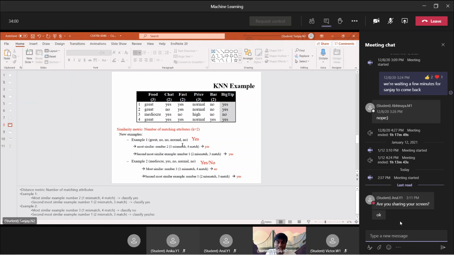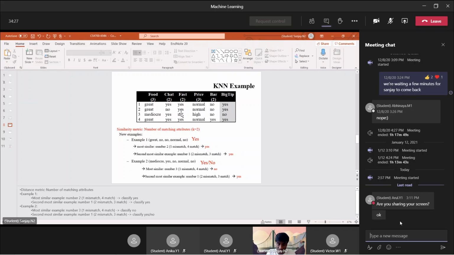Since everything is ordinal, we have these different categories. We don't have a continuous distribution of these variables. We just look for a similarity comparison, which of these samples is the most similar, so which has the most matches among each of these different features. So the most similar would be number 2 because it has 4 matches and 1 mismatch.